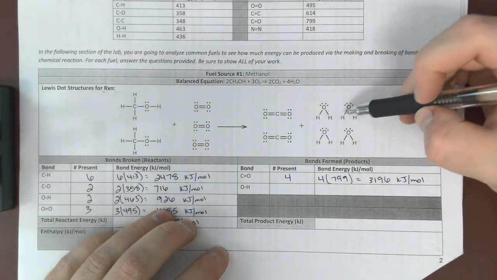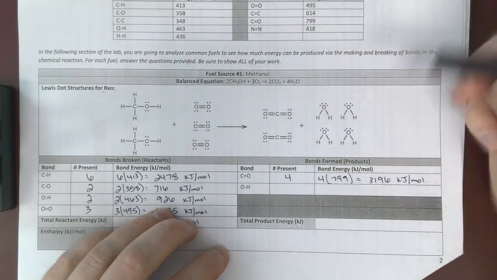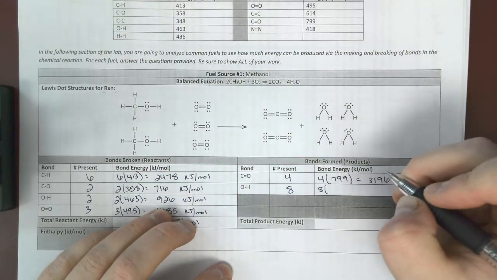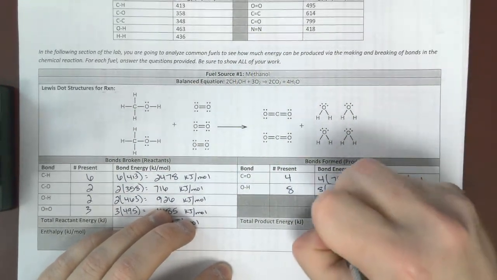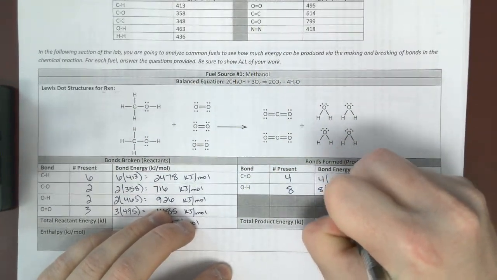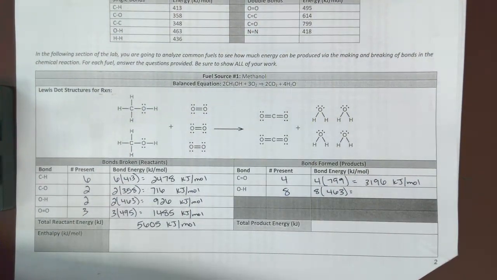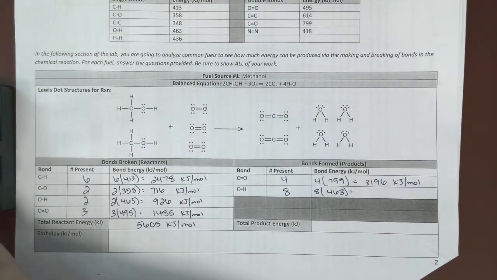So we have 1, 2, 3, 4, 5, 6, 7, 8. So we have 8. So we're going to do 8 times 463. Sorry, I put it wrong on the calculator.